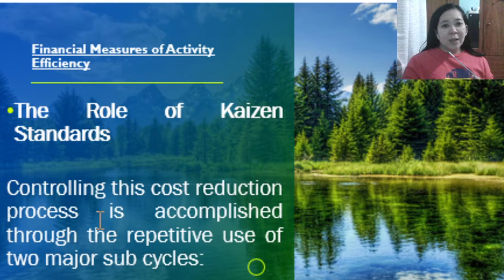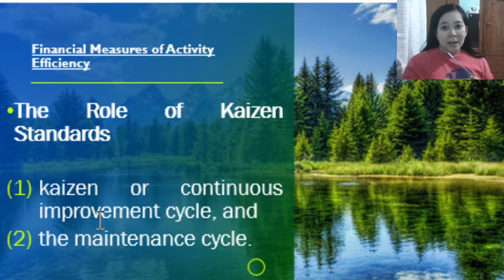Controlling the cost reduction process is accomplished through repetitive use of two major subcycles under Kaizen. Number one is, of course, the Kaizen or continuous improvement cycle, and the other is the maintenance cycle.